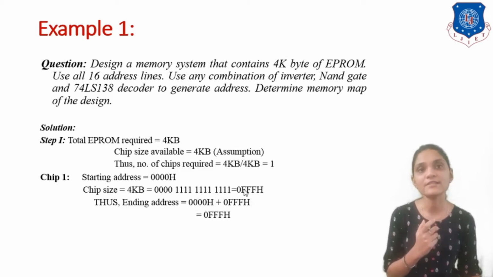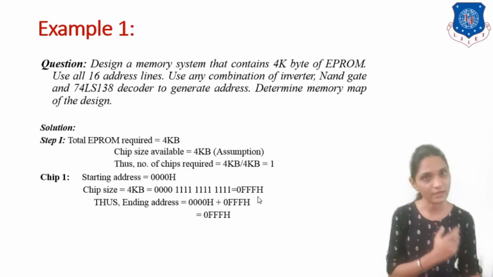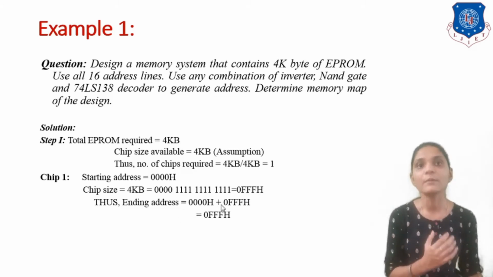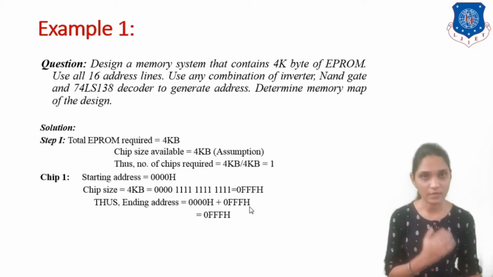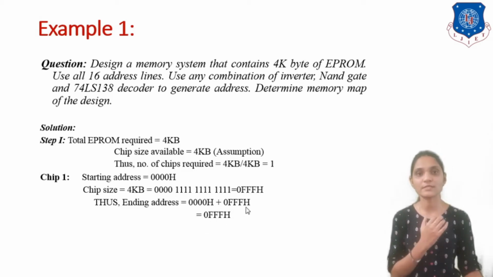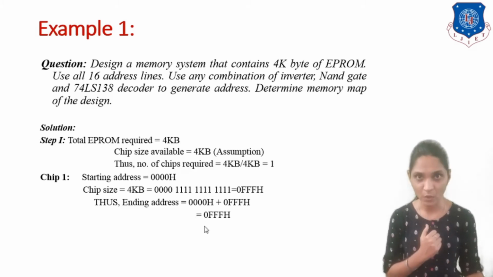So my ending address for this chip is 0FFF hex. The starting address is 0000, plus I require this much of address, that is 0FFF hex. So my ending address will be 0000 plus 0FFF hex, that is 0FFF hex. Okay, so this is my ending address.